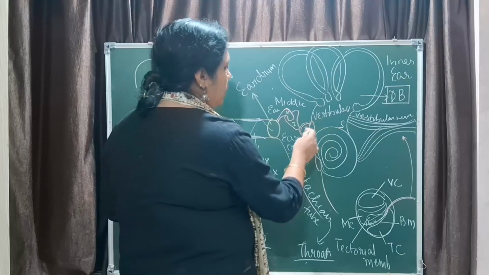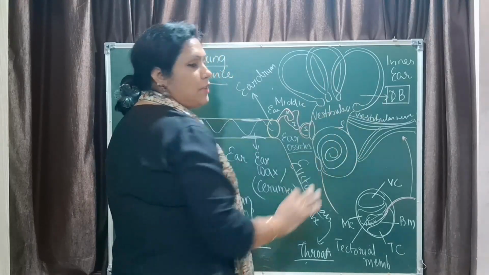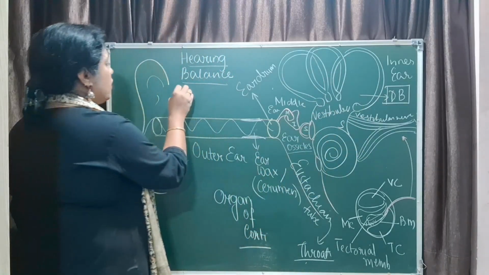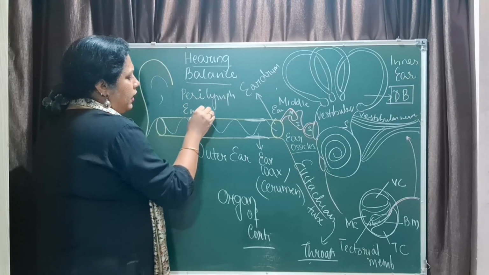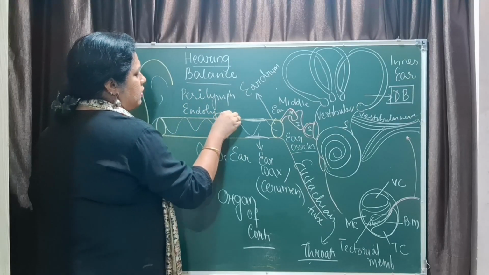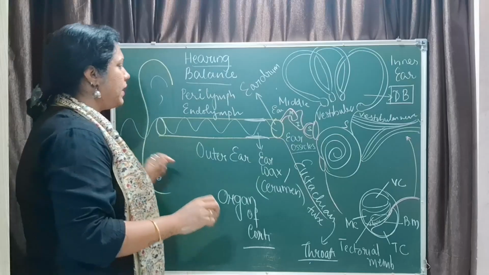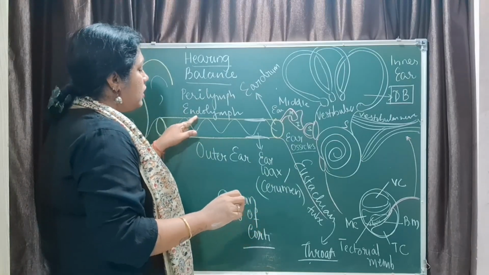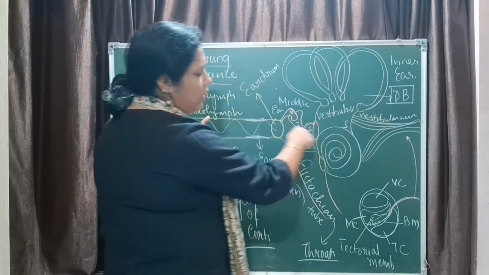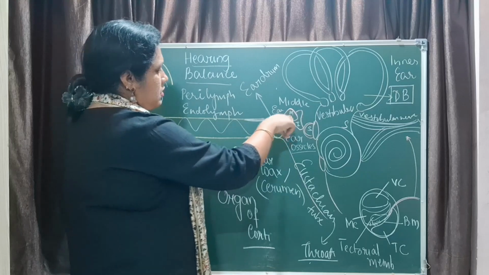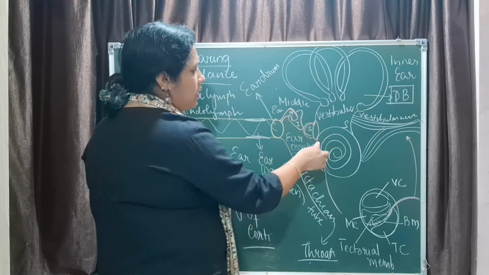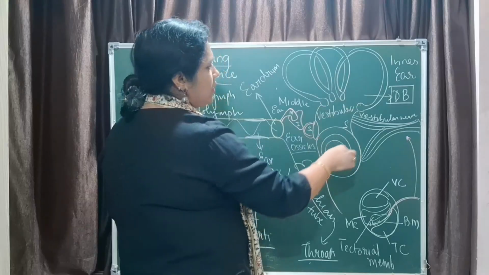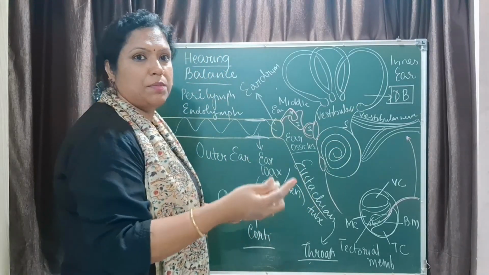Now all these parts are filled with fluid. The fluids present in your ear are perilymph and endolymph, present in the inner ear. The ear ossicles amplify the vibrations, and the fluid present in the ear starts producing ripples.